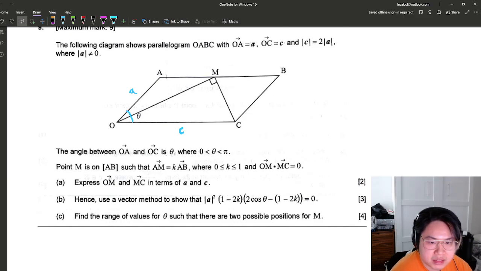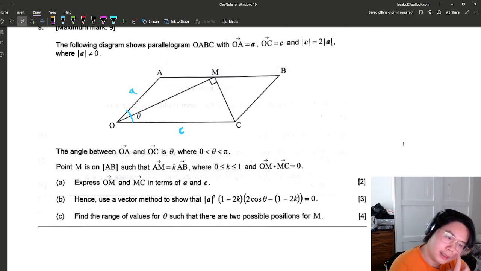M is along here so that AM is some proportion k of AB, so k is between 0 and 1. And then OM dot MC is 0, so OM and MC are at 90 degrees.